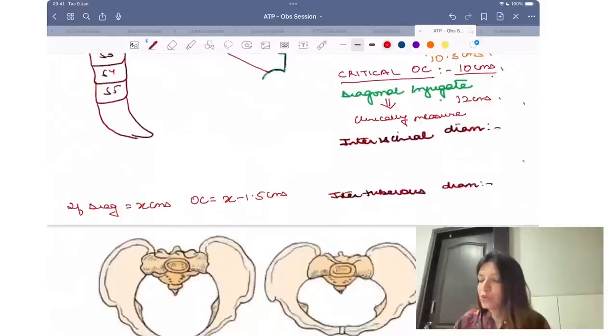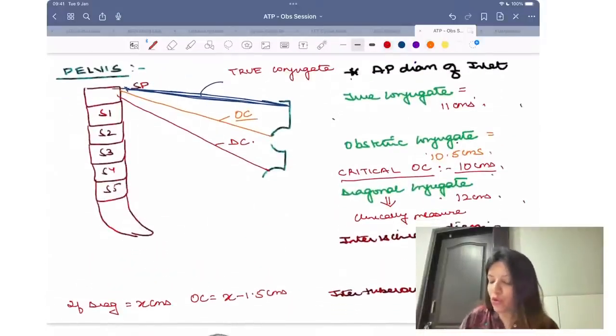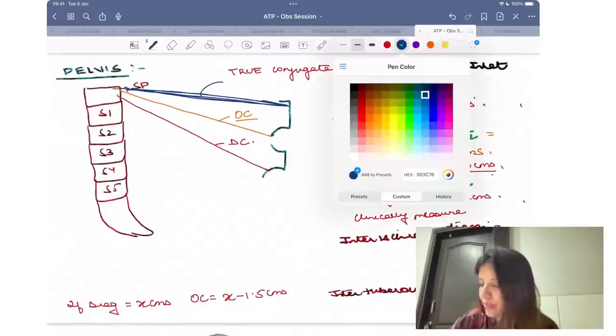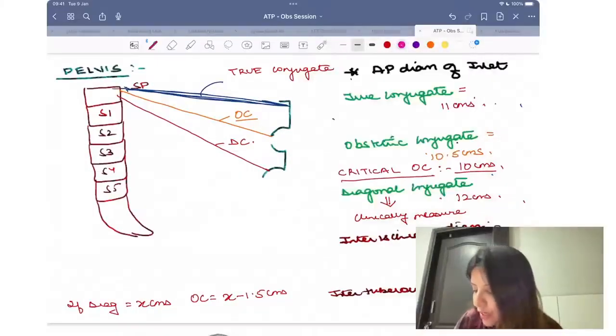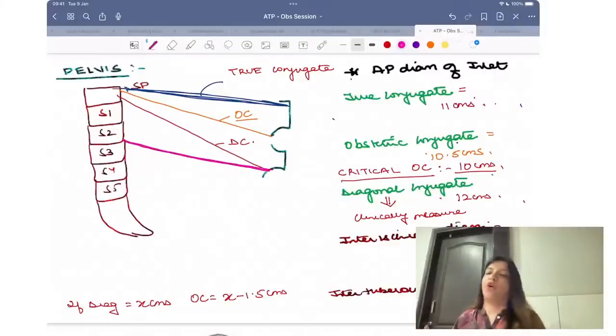Okay? Now, after that I want all of you to draw a line going from S to S3. Now draw this line: from S to S3 going up till the lower border of the pubic symphysis.